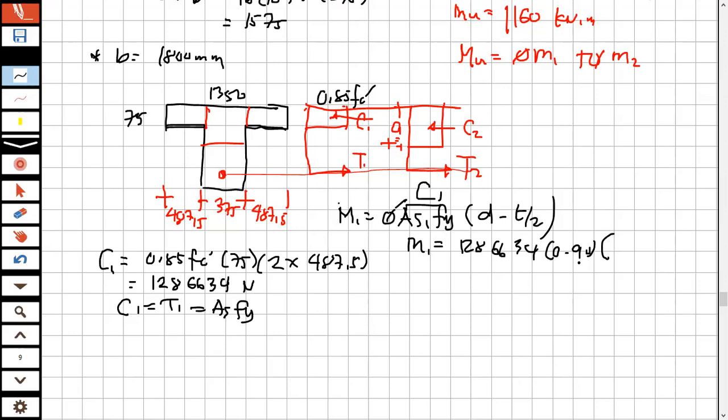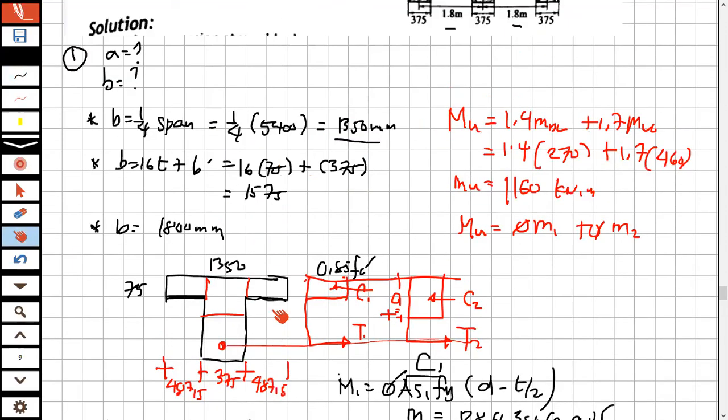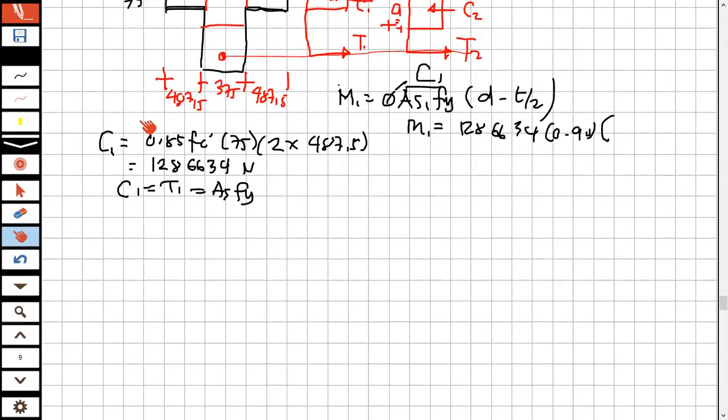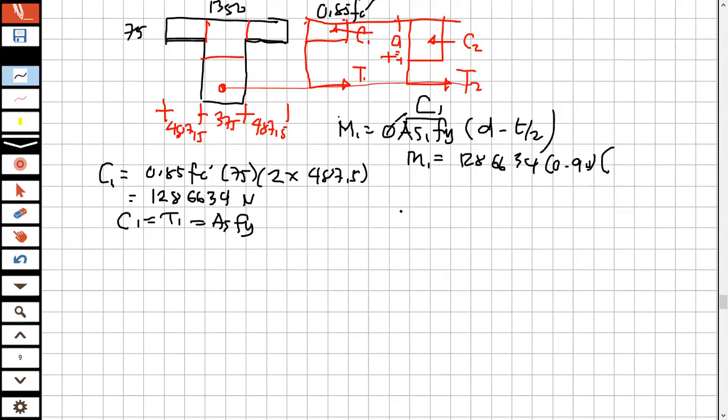Effective depth is 600. So d is 600, minus thickness over 2, 75 over 2. Therefore, we can calculate M1. Factored, M1 is equal to 651.4 times 10 to the power of 6 newton millimeter.